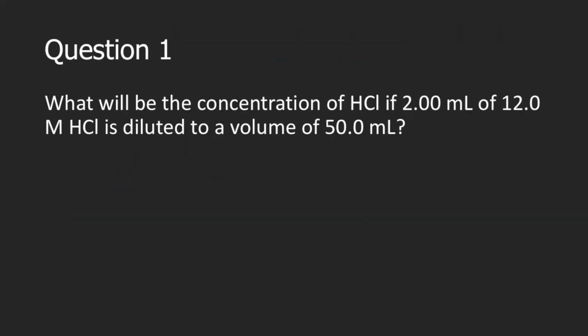So let's apply the formula by answering question 1. What will be the concentration of HCl if 2 ml of 12 molar HCl is diluted to a volume of 50 ml? So the problem says we have 2 ml of 12 molar HCl, and you dilute it to a volume of 50 ml.